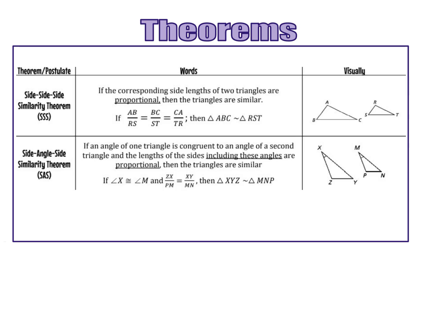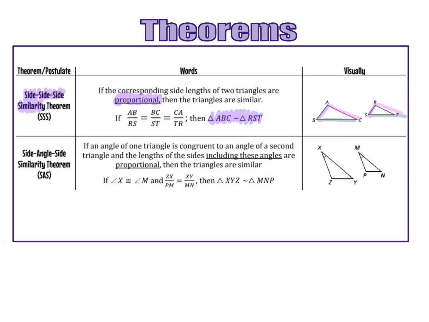All right, we're going to start with the side, side, side similarity theorem. And remember, we're talking about similarity and not congruence, so we aren't going to say 3 sides are congruent to 3 corresponding sides. What we're going to say is if the corresponding side lengths of 2 triangles are proportional, so if the relationship between 2 sides is the same scale factor or ratio as the third set of sides, meaning all 3 sides create proportional statements, then we can conclude that the 2 triangles are similar.